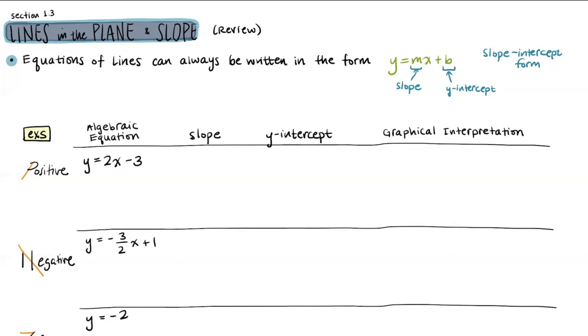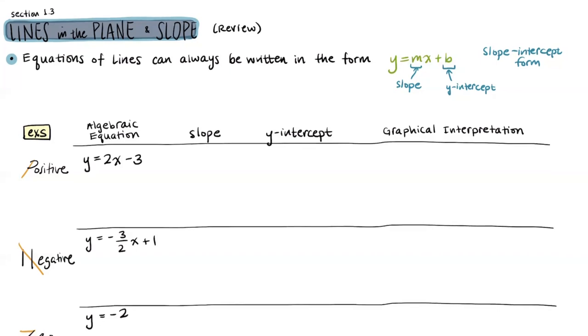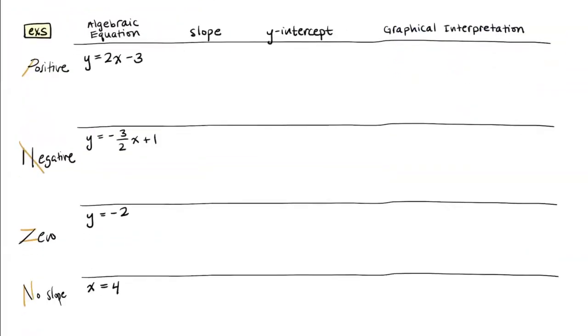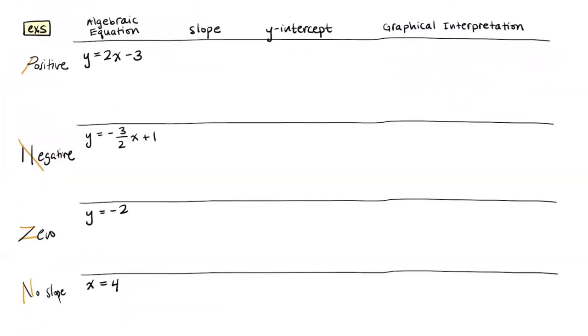Okay, so let us review some things about slope. I will go through 4 different kinds of lines with you. The first example I've got here is y equals 2x minus 3. The slope, we can just pinpoint out of the equation: it's the thing that's multiplied by the x.